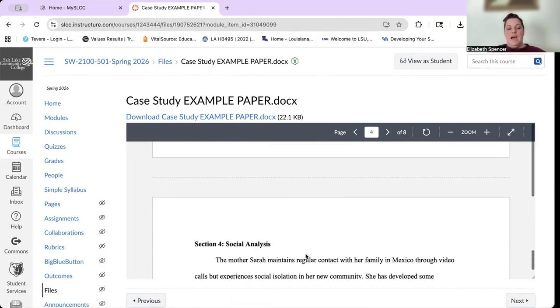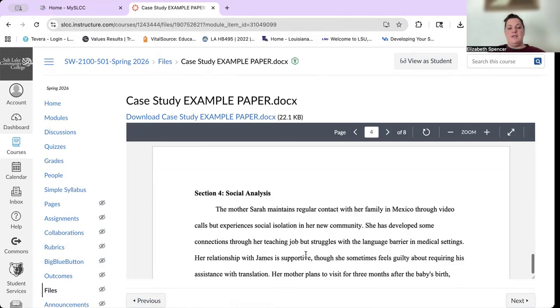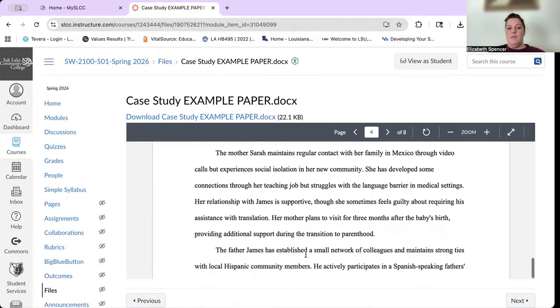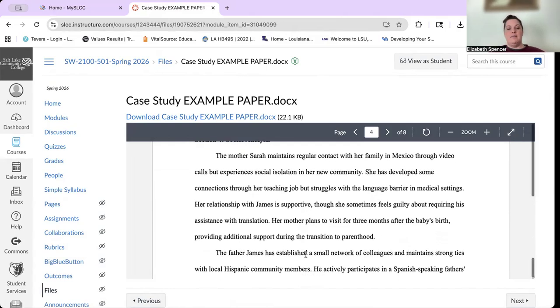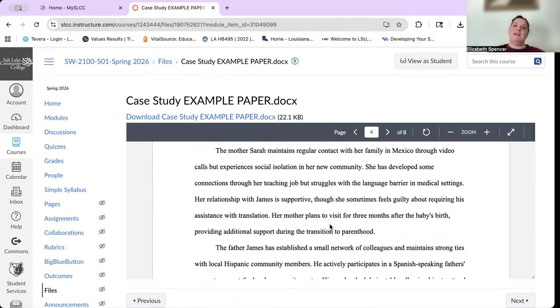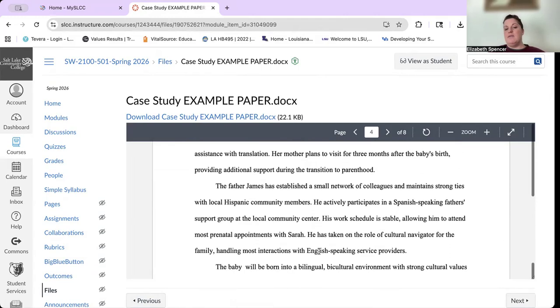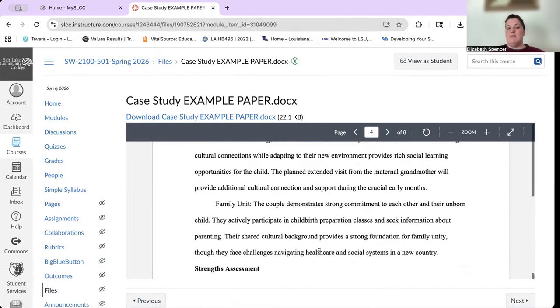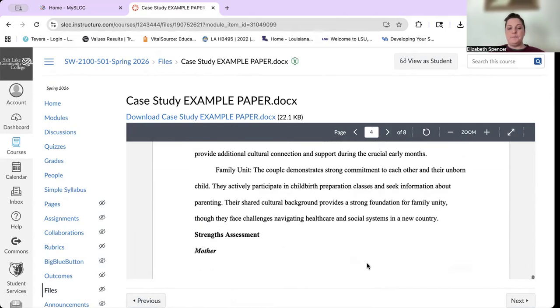You're going to be doing a social analysis. This is looking at what are some of the social aspects that the mother is experiencing, that the father is experiencing, the baby, and also what are the supports or non-supports that are happening from the family.